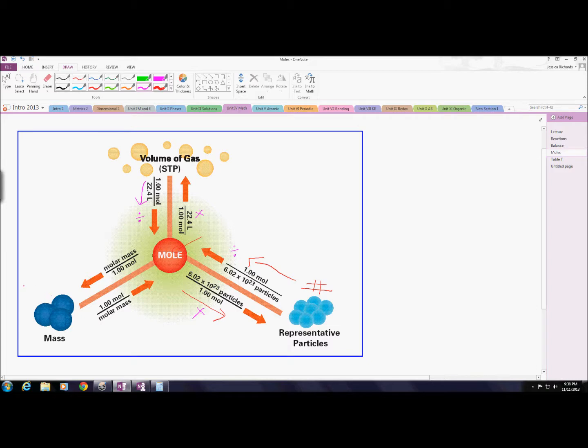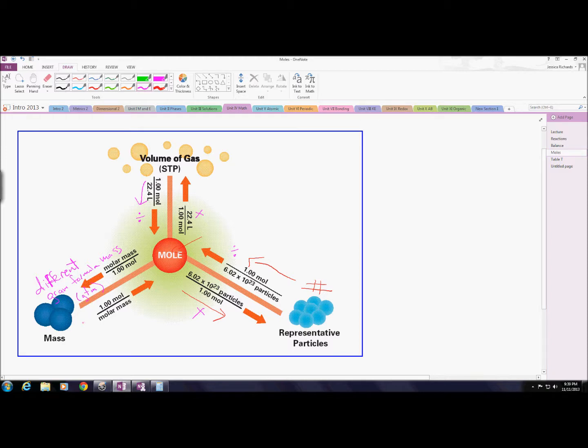When we talk about mass, this is going to be a different value depending on what element or compound we're talking about. We're always going to use the same factor. It's called the gram formula mass. And I tend to abbreviate that GFM, gram formula mass.